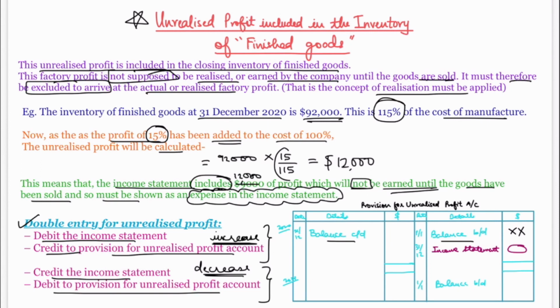The difference of both of these will be taken to the income statement. If it is an increase, then it will be on the credit side. If it is a decrease, then it will be on the debit side. And this balance carried down will just be taken to the opposite side while closing the ledger.